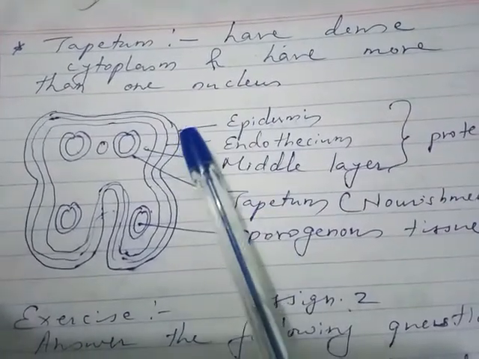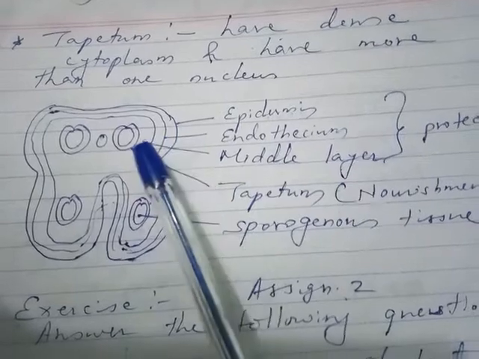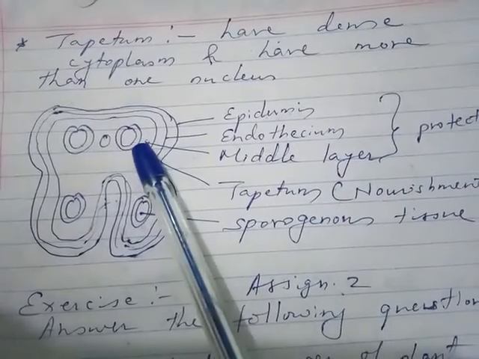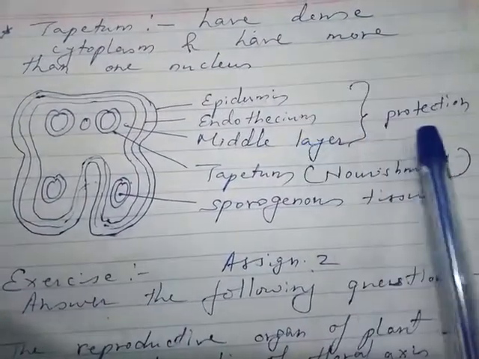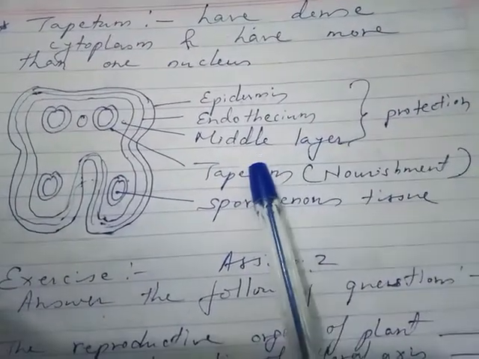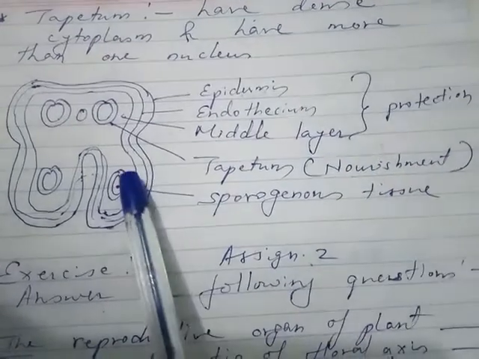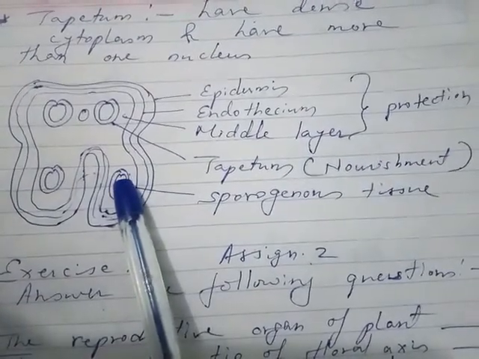So the three layers, epidermis, endothecium and middle layer, are for protection, while the tapetum is for nourishment. This tissue is called sporogenous tissue.